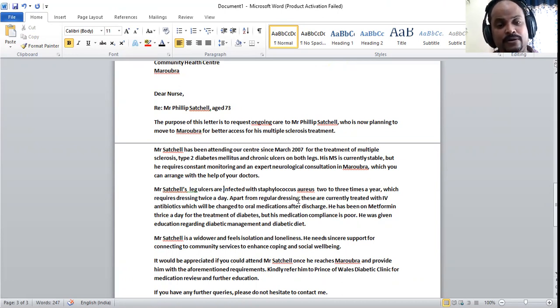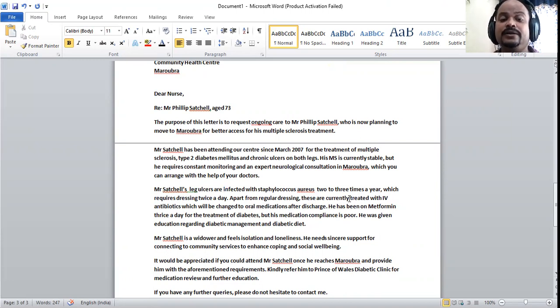Apart from regular dressing, these are currently treated with IV antibiotics. Currently treated means at present we are treating, at our care.